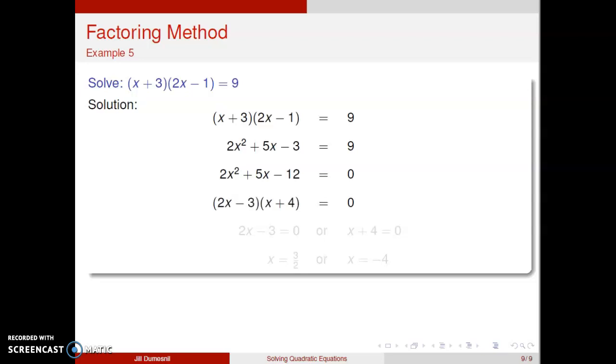We can factor 2x squared plus 5x minus 12 as the product of (2x minus 3) times (x plus 4). Now we have a product equaling 0. We set each factor equal to 0 and solve the resulting equations for x equals 3 halves or x equals negative 4.